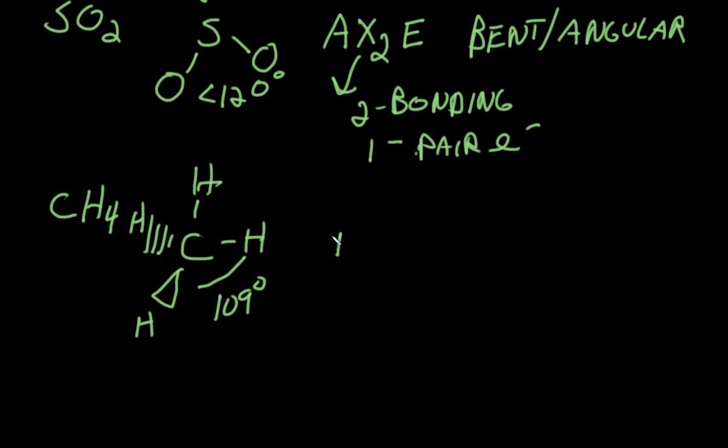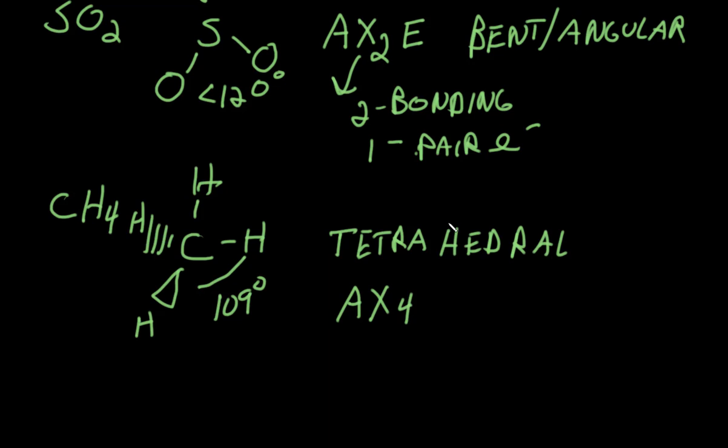This is a tetrahedral, and in the AX nomenclature it would be AX4. When you see an AX4, you can think of a tetrahedral type of geometry. You can almost think of it somewhat as a pyramid.